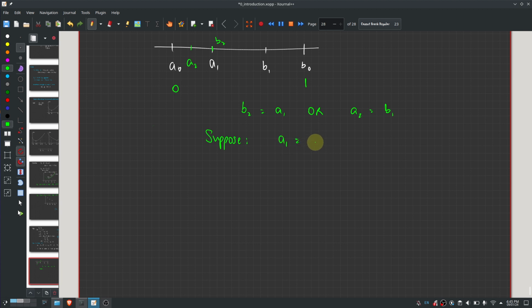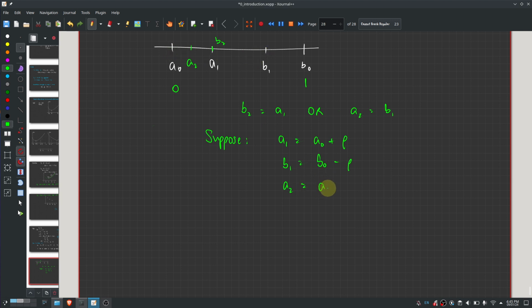I choose A1 equal to A0 plus, let's say, rho, and B1 equal to B0 minus rho. Assume that we're operating in this particular case, where A2 now lies in between A0 and B1.